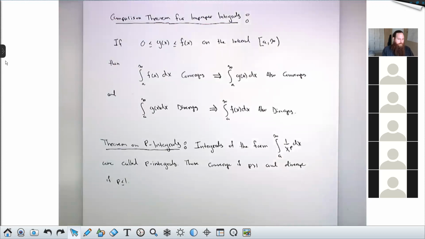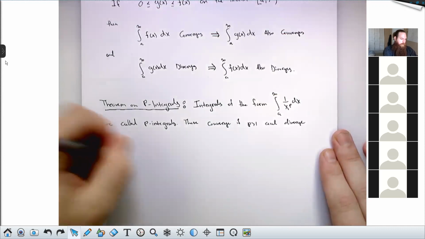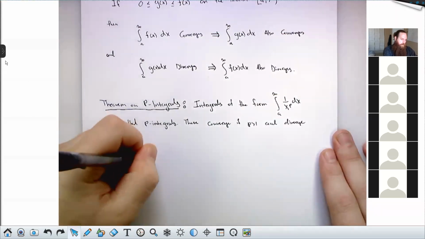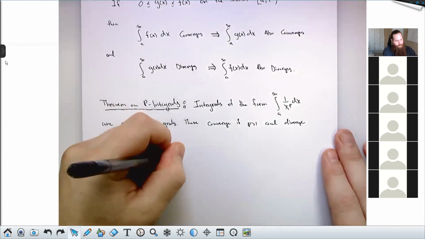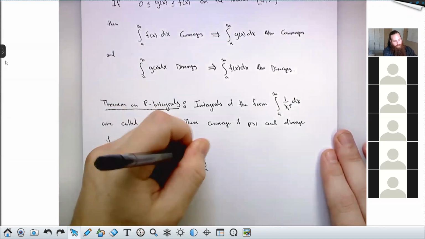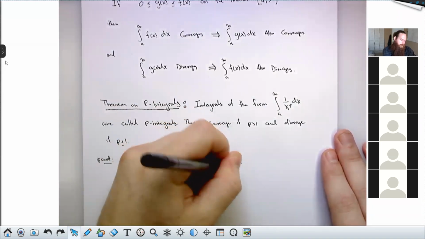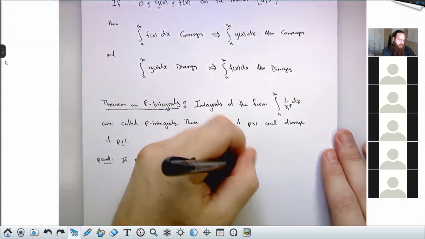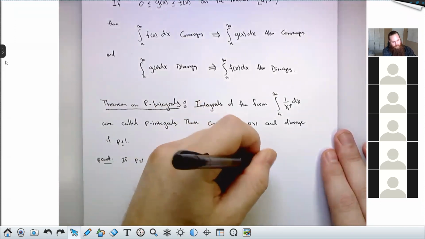Before I get into this, I'd like to prove the second theorem for you. It's not a hard proof. First, if p is equal to 1, then the integral from a to infinity 1 over x to the p dx is the integral from a to infinity 1 over x dx, which is equal to the limit as r goes to infinity of the integral from a to r of 1 over x dx.